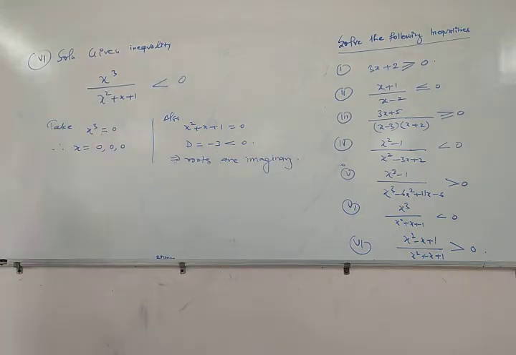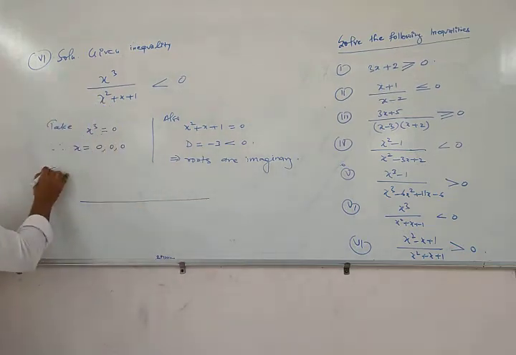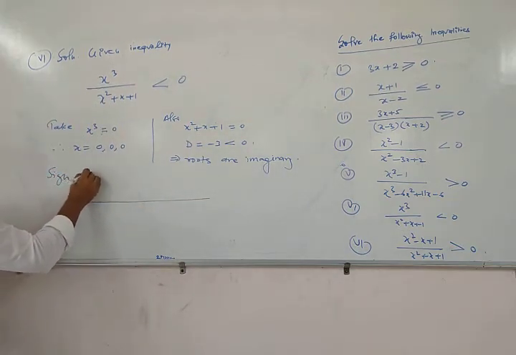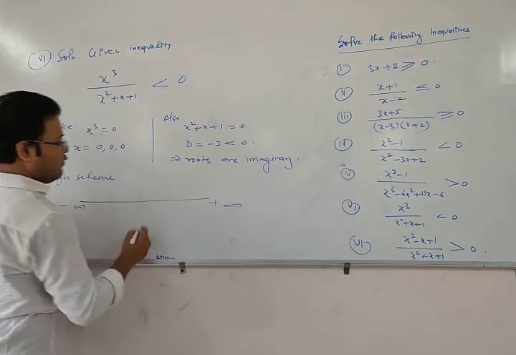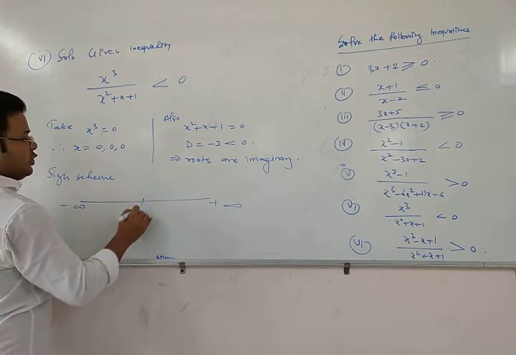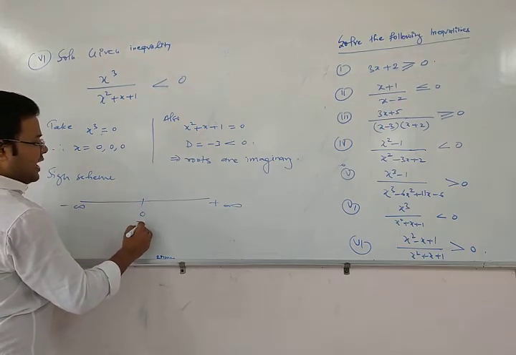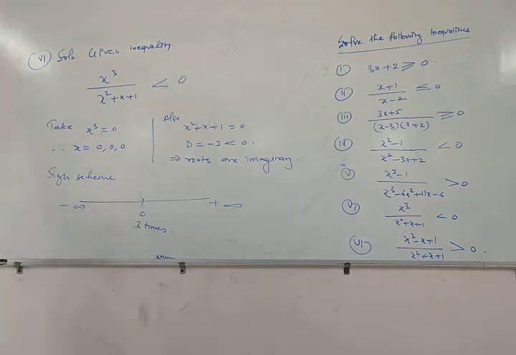So here we have only real roots which is 0, and this is the sign scheme, minus infinity to plus infinity and 0 is the only real root, and 0 occurs 3 times, so we write 3 times. Now we take any number except 0 to check the sign.